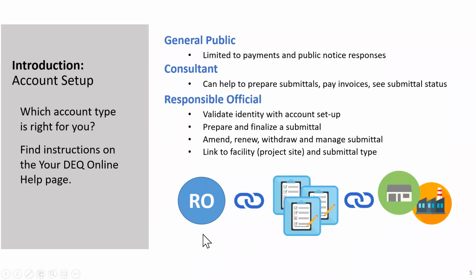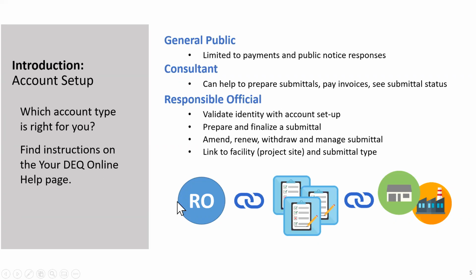So an RO doesn't have to have a consultant, but if they do, they need to set up those links. So choosing a role and getting the links established is probably the most distinctive thing about getting used to this new system. Otherwise, it's like signing up for any other system, walking through the screens, filling out the required fields, etc. So you can find the instructions for account registration on the Your DEQ Online help page.